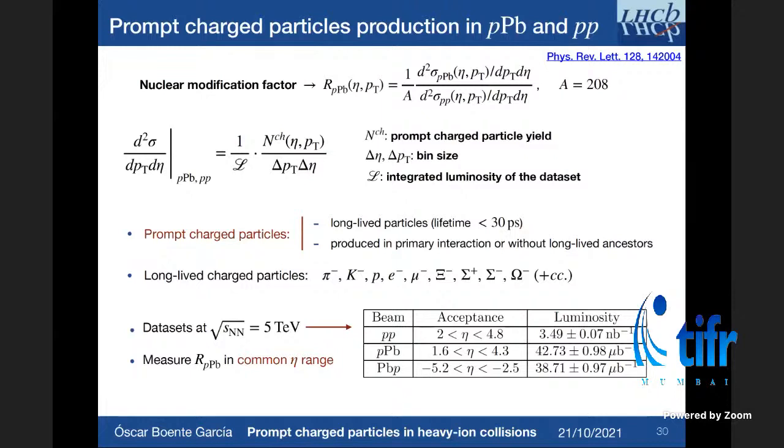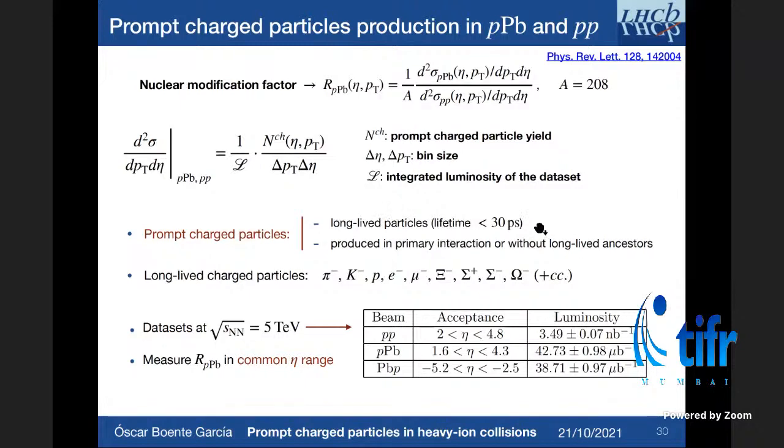So let's start with the first measurement, which I will discuss in a bit of detail. As I said, we want to measure the R-P-lead, or ratio between P-lead and PP cross sections. And here what we measure is prompt charged particles. So it's important to make clear the definition of the particles that we measure.